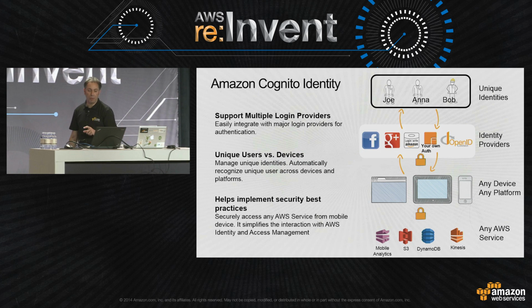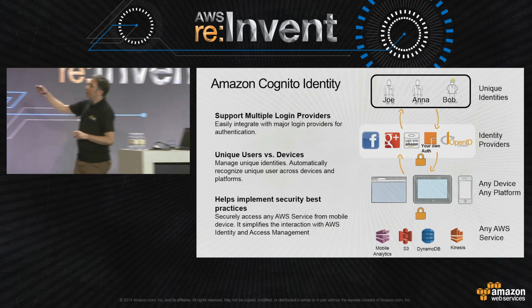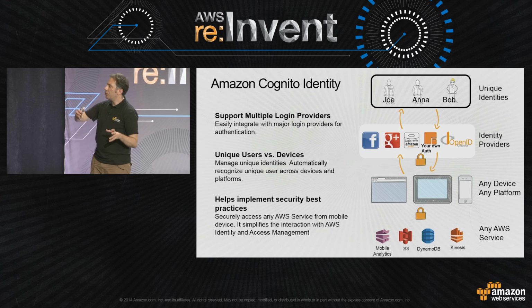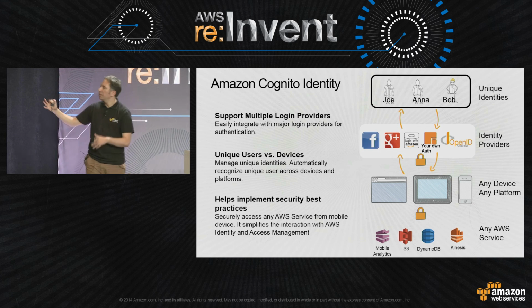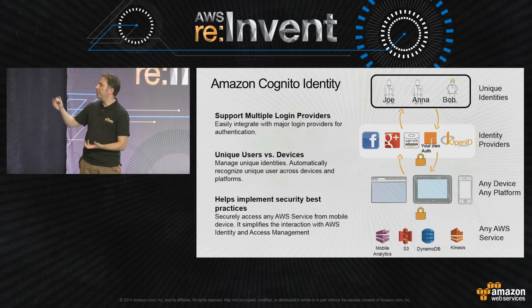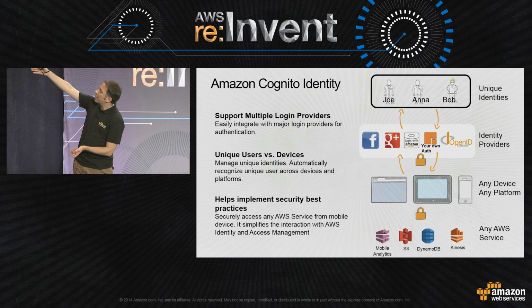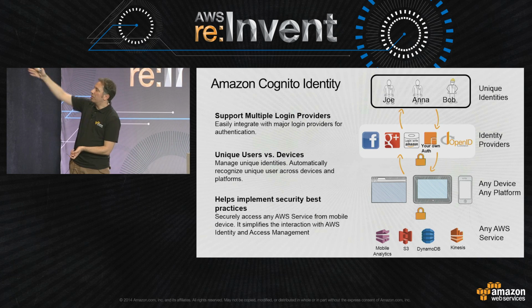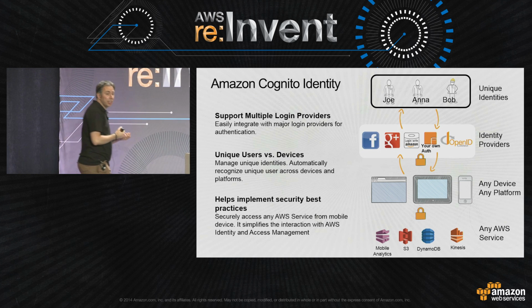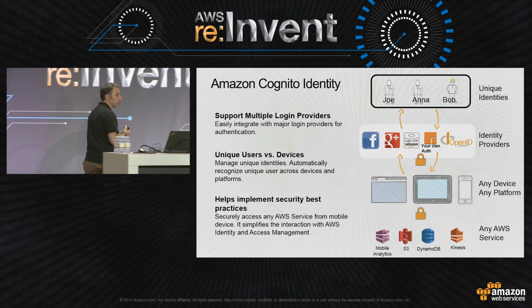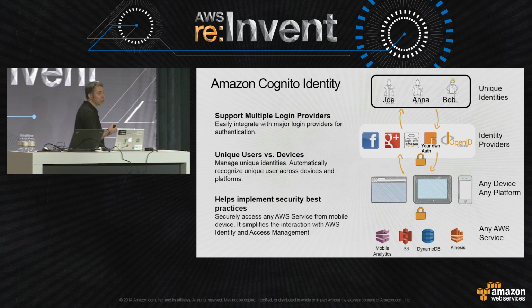How does Cognito identity work? The idea is to shift authentication from the device to the users. Normally you authenticate a device; the idea here is to authenticate the users. The identity providers that we support are social logins, like Facebook, Login with Amazon, and Google.